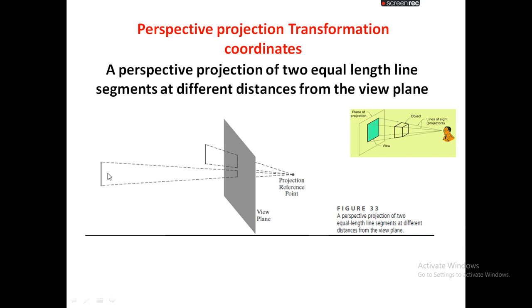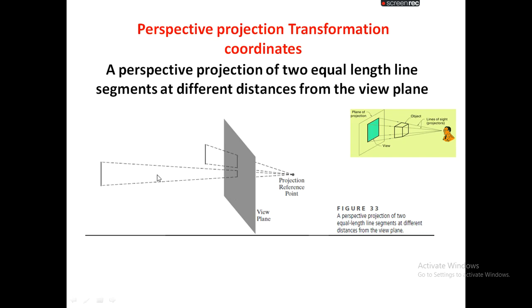Now you see that we kept two equal length line segments at different distances from the view plane. Meaning the size of the objects is the same, but we kept those two line segments at different distances from the view plane, and the sizes of the line segments are equal.